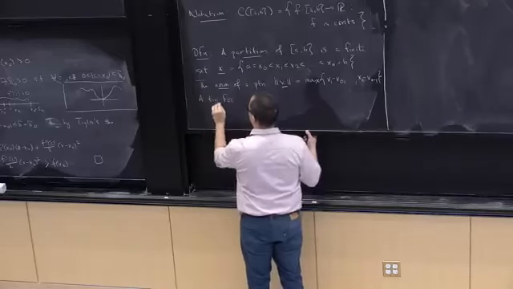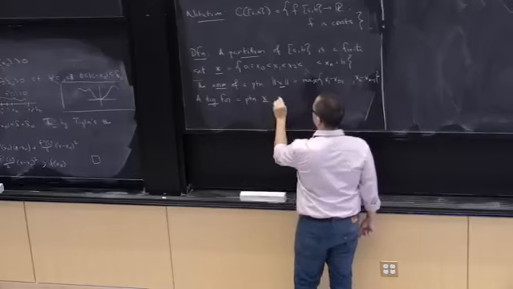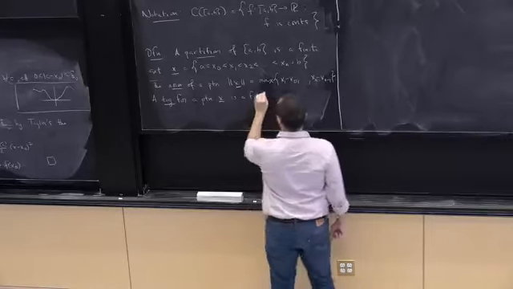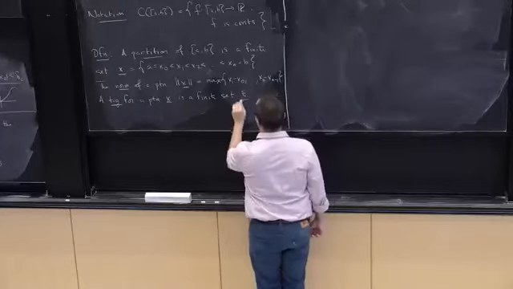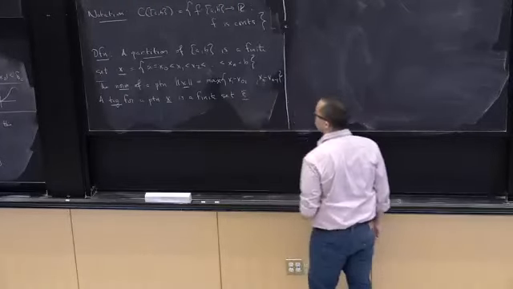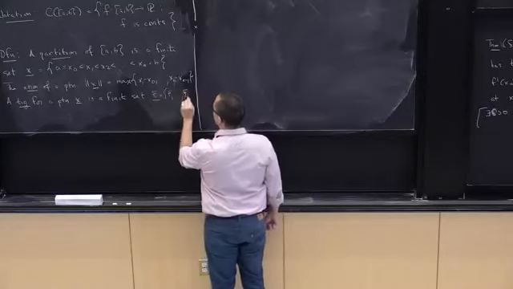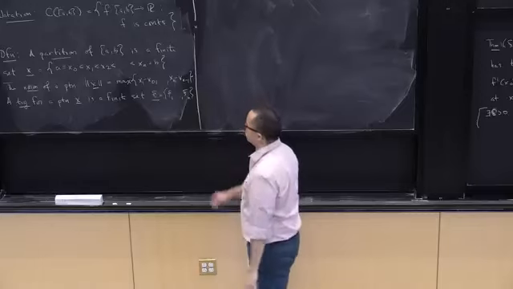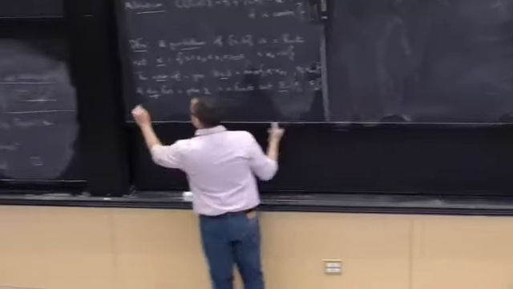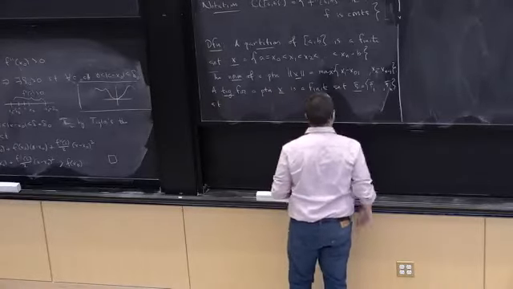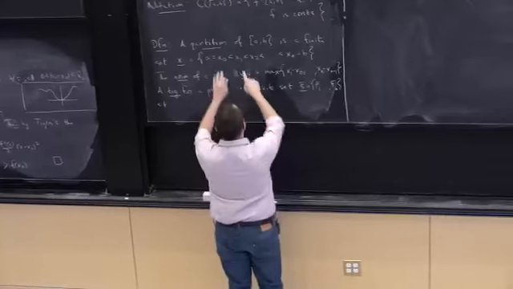A tag for a partition x bar is a finite set, xc. So get used to some Greek letters in your life. xc equals c1 up to cn. As before in the partition we started off with 0, here we start off with 1, such that each of these xc's lies between partition points.